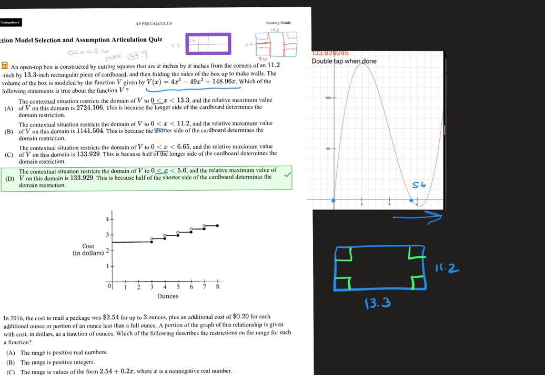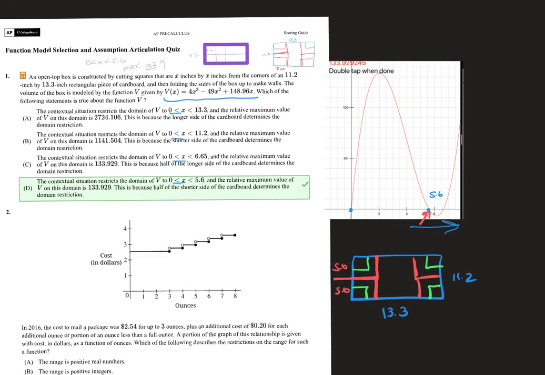Now those corners could be small, but they could also go up to half of this, which means, and it has to be square, the biggest it could be is half that 11.2, which is the 5.6, which is consistent with that x-intercept. So 5.6 is the biggest an x can be to keep this square.